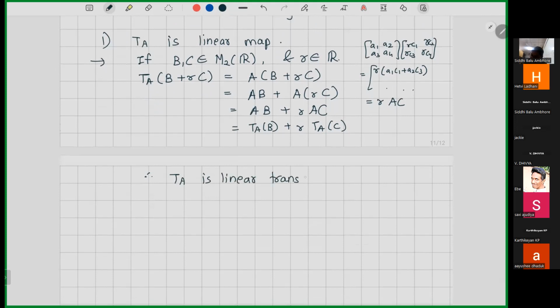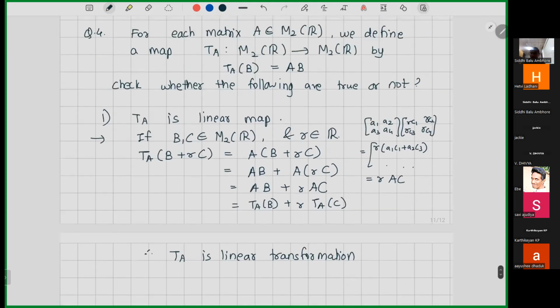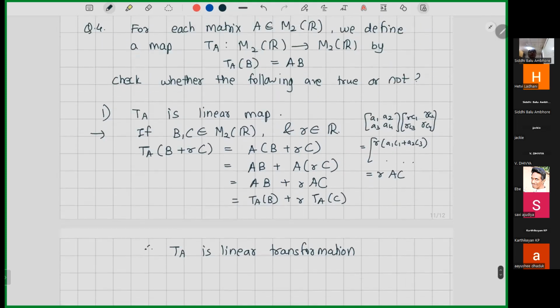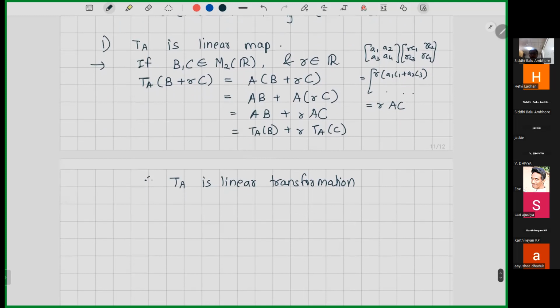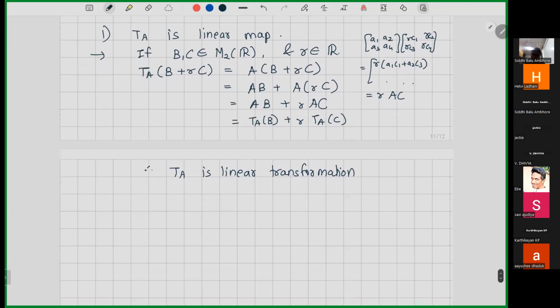So we can define a linear transformation like this: take any matrix, take matrix multiplication with respect to that matrix, and the resultant map is a linear transformation. Any doubts here? No. Okay.